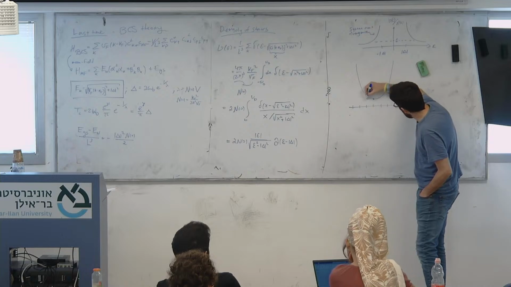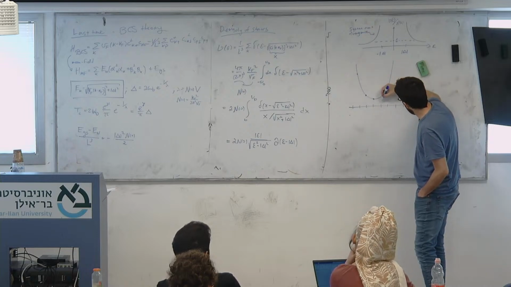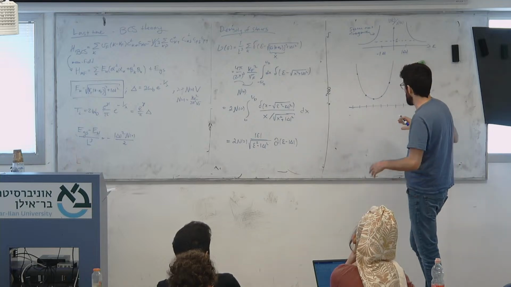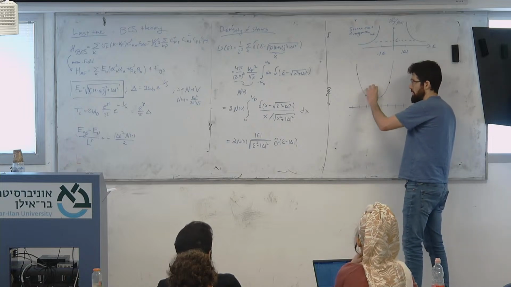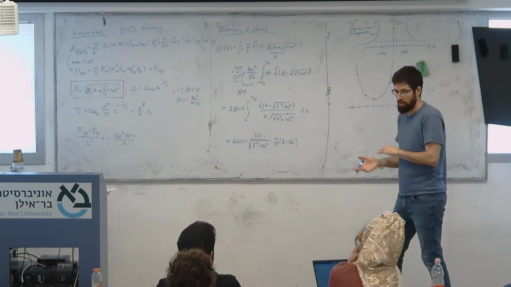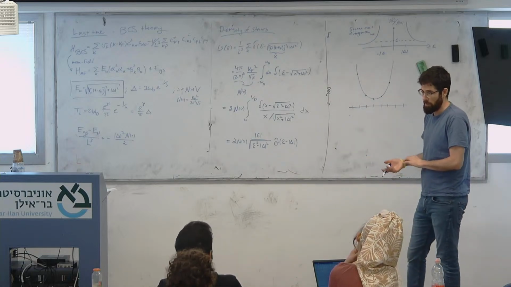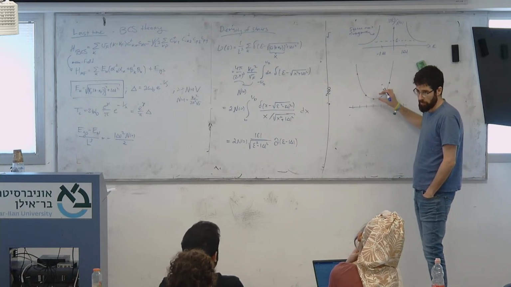You see this point will land here, this point here, this point here, and that's it. So if I take a small window, you have more states here than as you go up, because it's curving upwards. That's basically the origin of this. That's why it diverges like a square root at the bottom of the band.